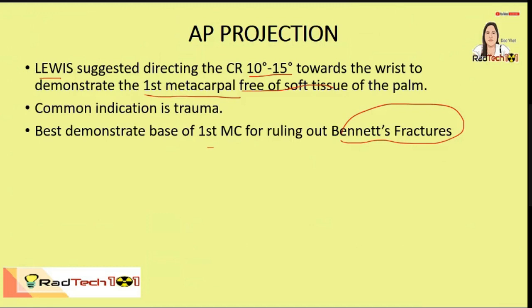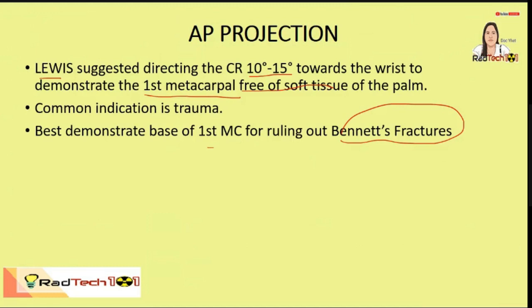So, nag-occur ang Bennett's fracture when the metacarpal bone sa thumb side breaks and dislocates papunta sa base of the thumb. So, para ma-evaluate ang Bennett's fracture, we perform AP projection of the first digit and also follow the central ray recommended by Lewis.